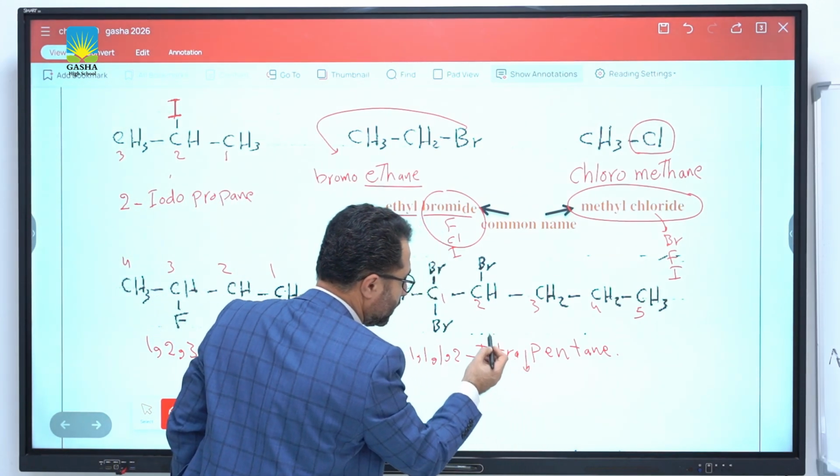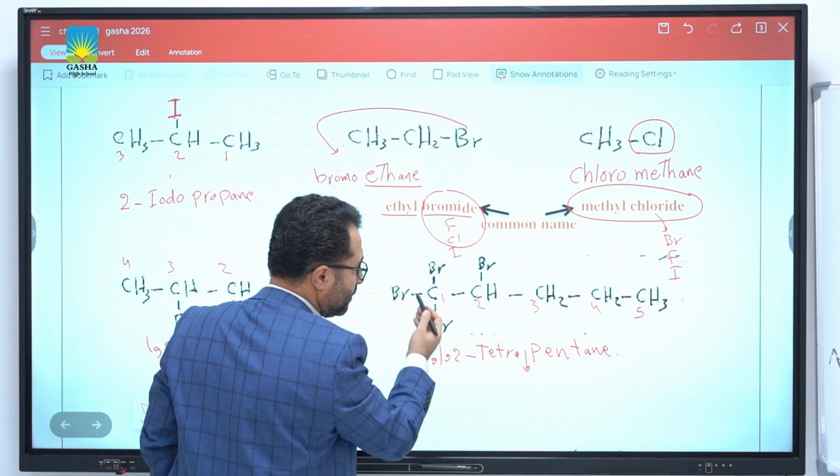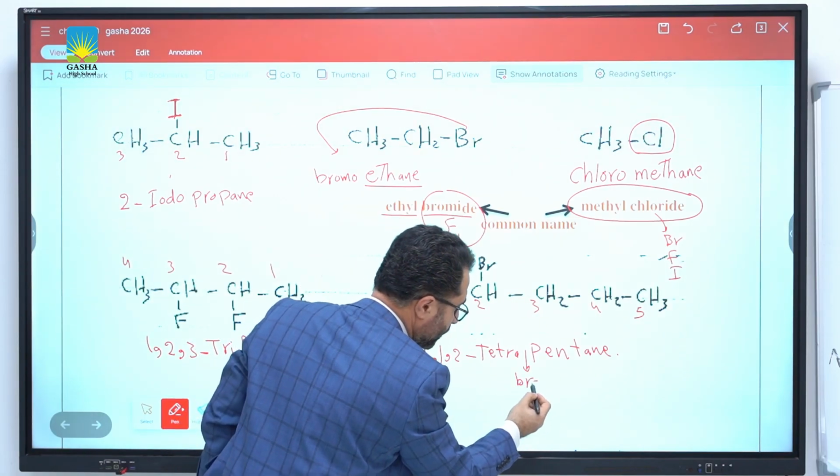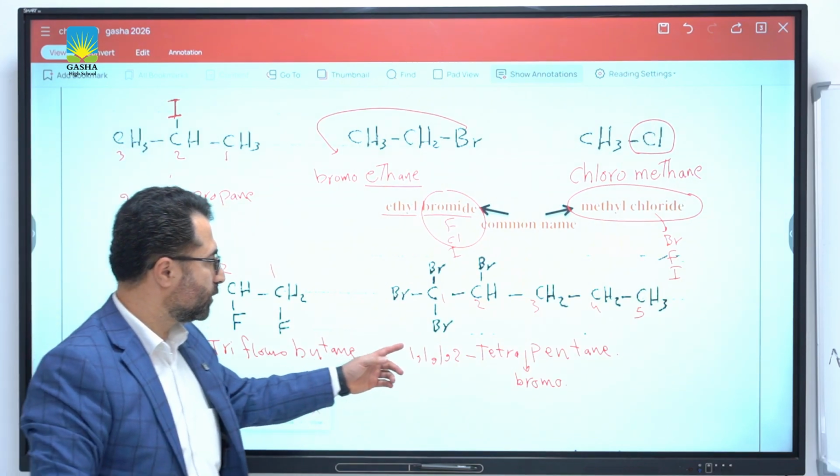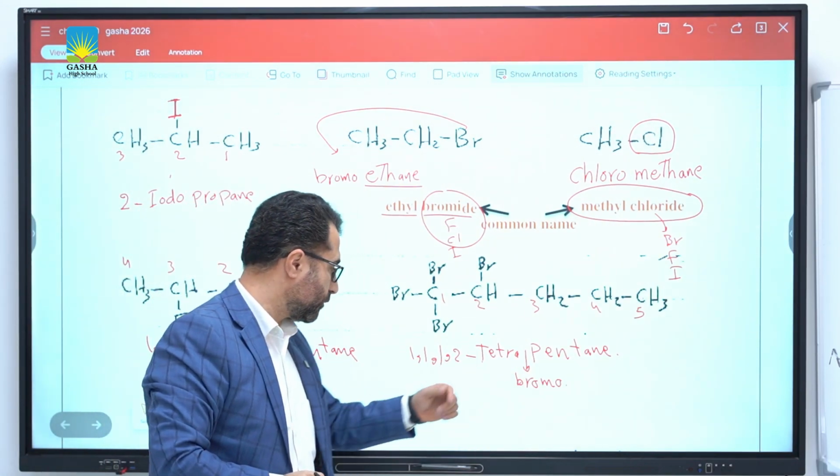I forgot the name of the halogen, it's bromo. So 1,1,1,2-tetrabromopentane.